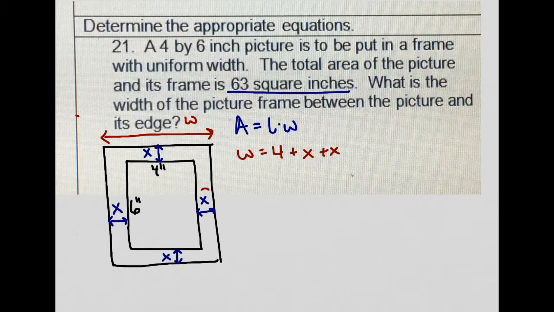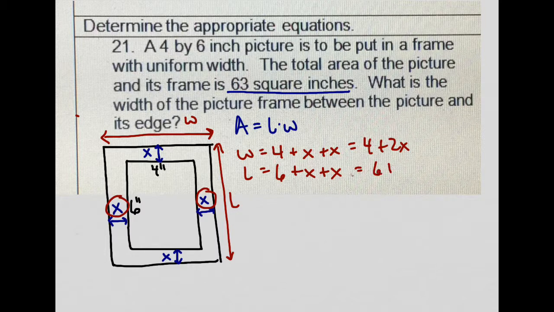Because I have an x on this side and an x on that side. Then my length is going to equal 6 inches, so our length is going to be down this side, and that'll be plus an x plus an x. So I can simplify this to 4 plus 2x and 6 plus 2x. So those are my length and my width.